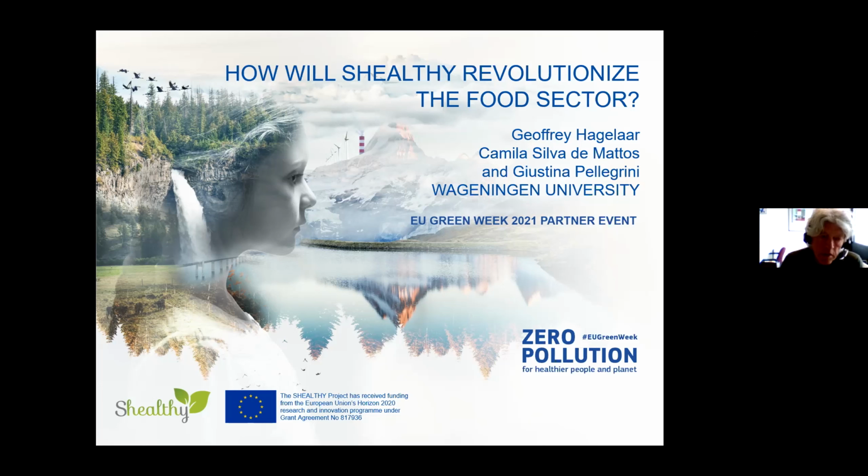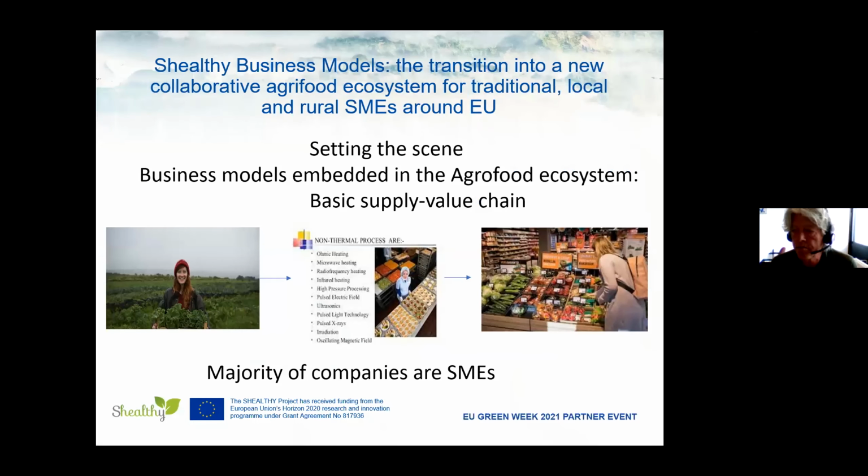So talking about business models, let's first set the scene. Connecting to what Simona already said about the agro-food ecosystem, let's have a look at that ecosystem, which is basically a supply chain.